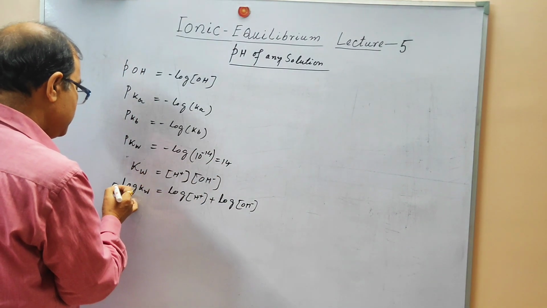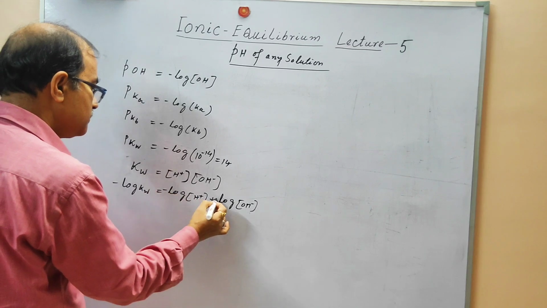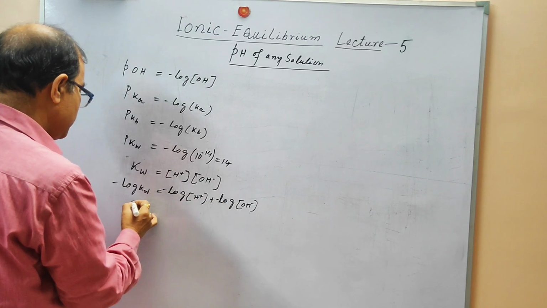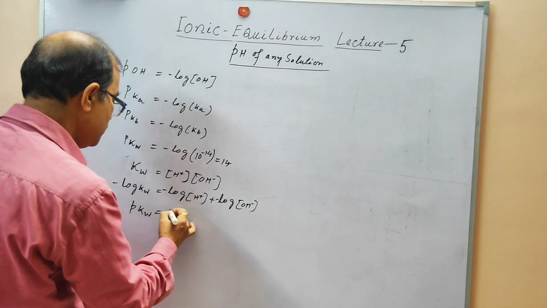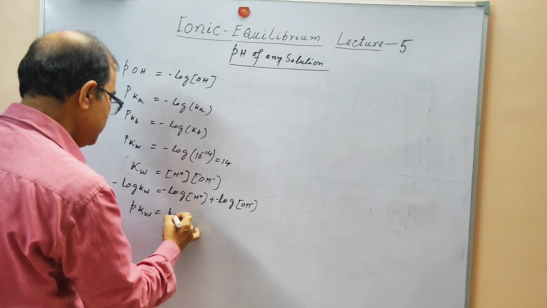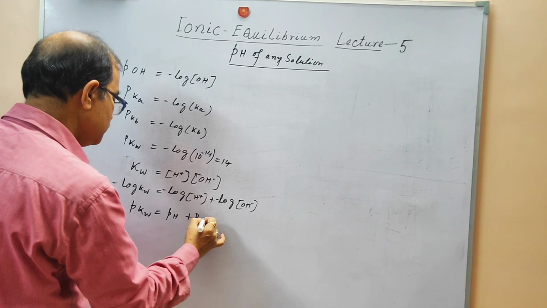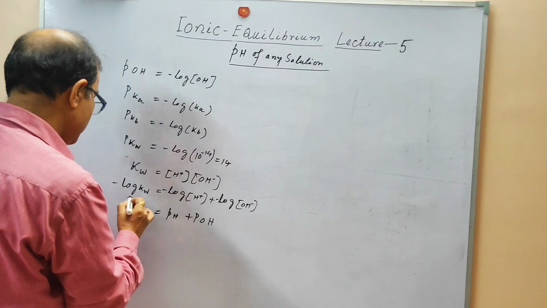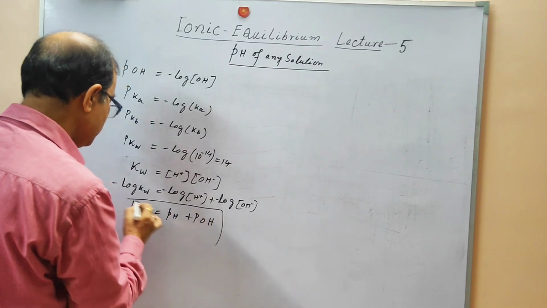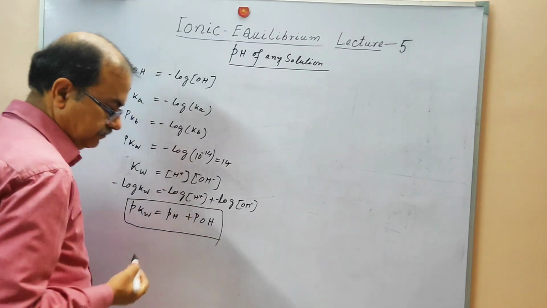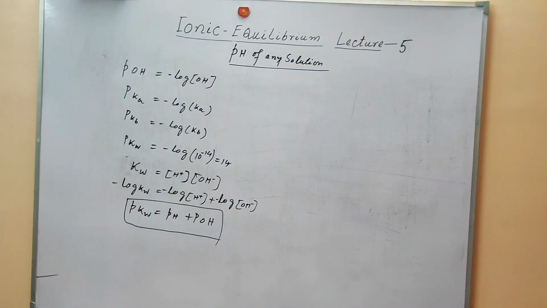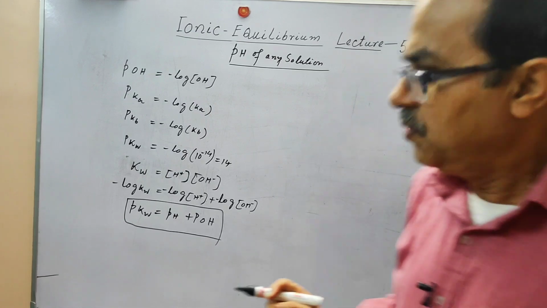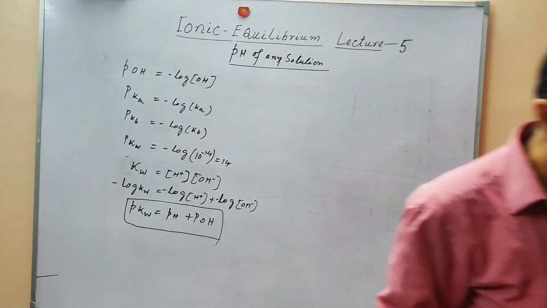So if we take the negative in all the cases, we will find pKw is equal to pH plus pOH. That is a very, very important relationship that we must understand. Okay? Very important relationship.